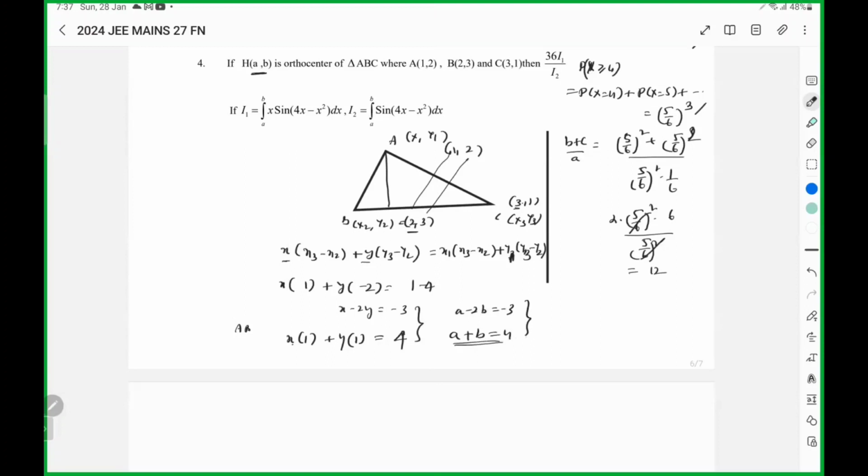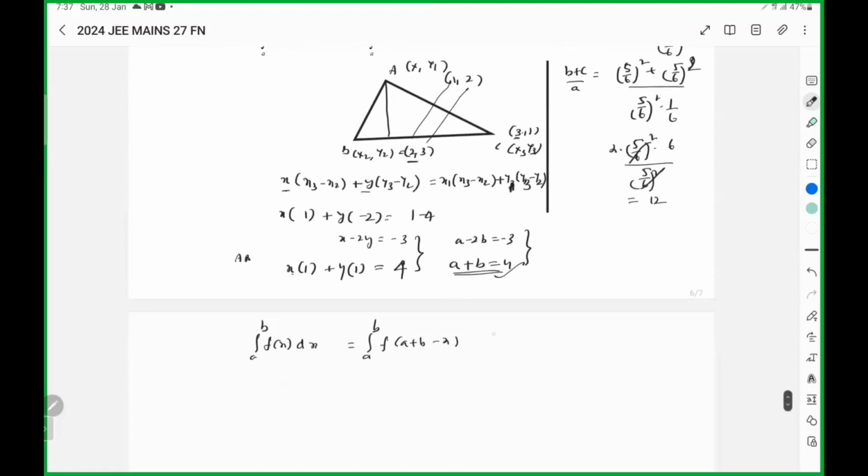So let us take this because we have a related formula: integral a to b f(x) dx is integral a to b f(a plus b minus x). Since I know the a plus b value, I can write here 4 minus x.